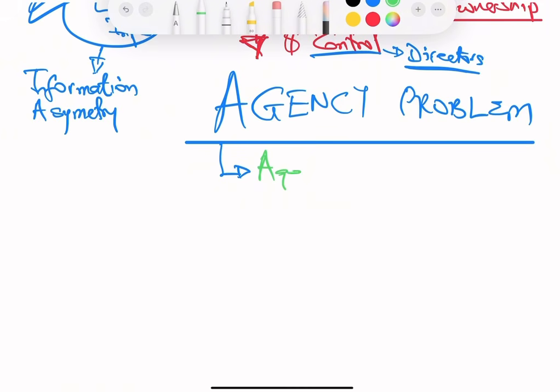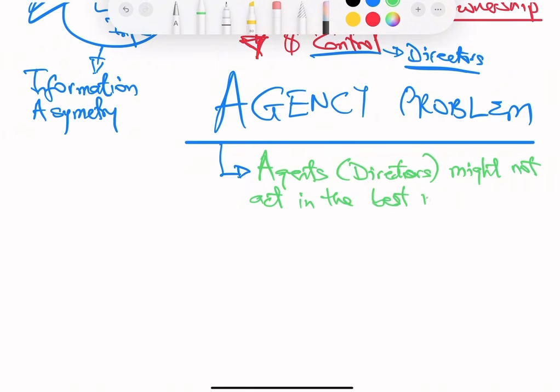So here the directors, the agents, might not act in the best interest of the principal. And the principal here that we're talking about is the shareholders.